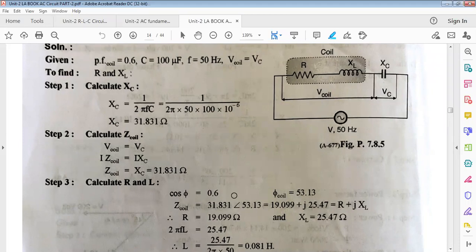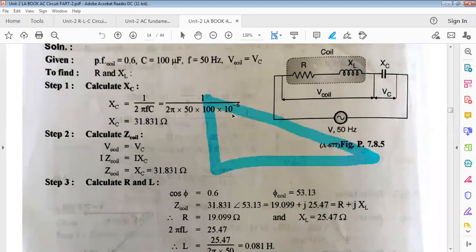And magnitude wise, Z coil is the square root of R square plus XL square. Correct, very good. That method you can also use. We can solve it with linear equations and that will be easier for someone who doesn't have calculators.